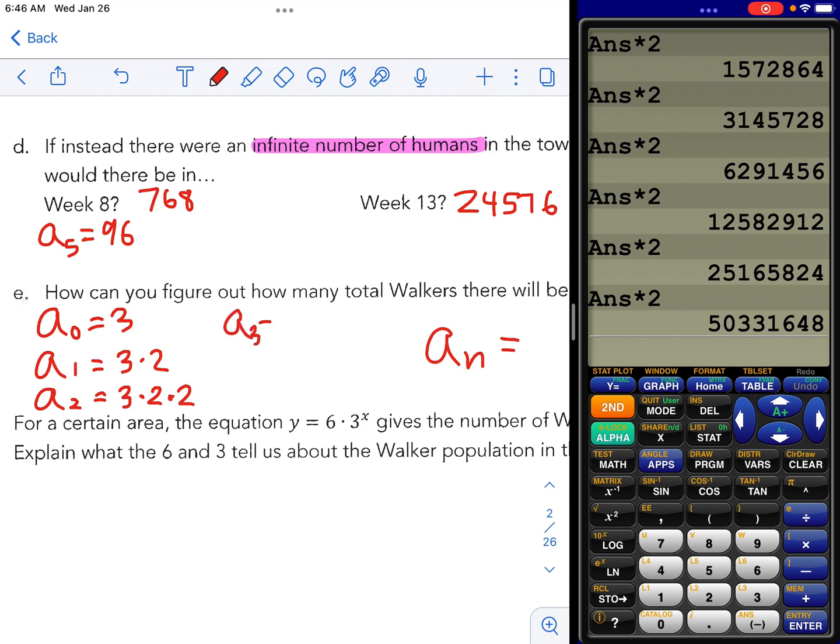And the third week would be then taking the second week and multiplying it by 2 again, right? And so when we look at this pattern, we can see that for the third week, I have 2 times 2 times 2. So I have 2 to the third power. So I could rewrite this as 3, my starting value, times 2 to the third power.